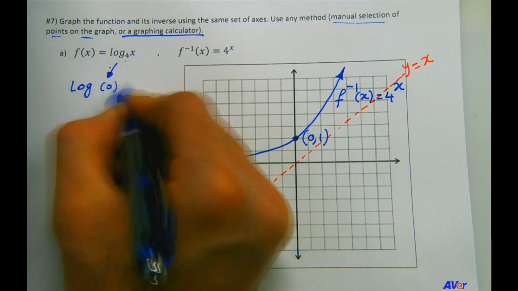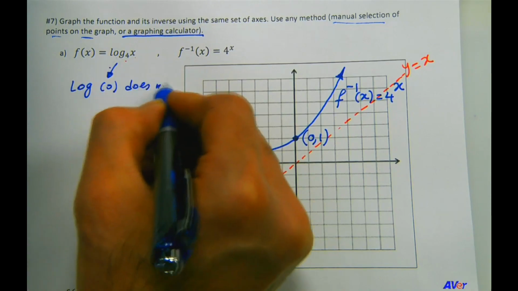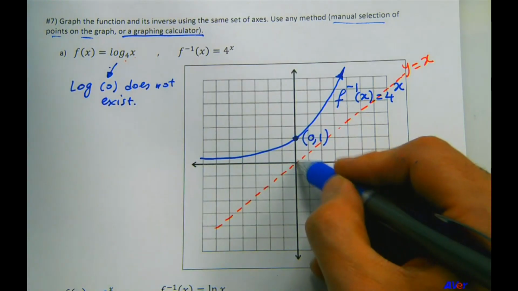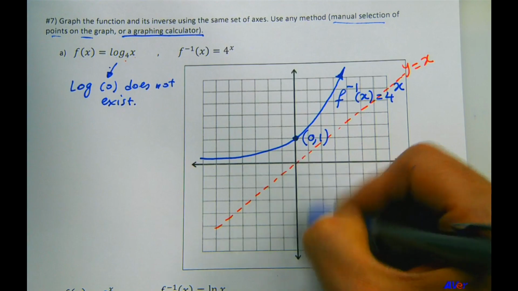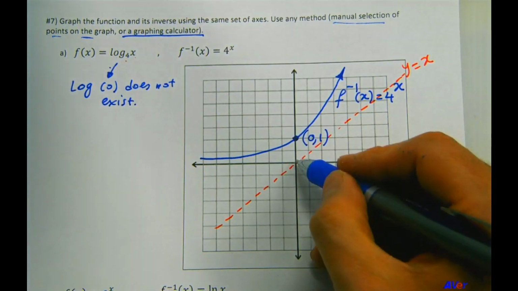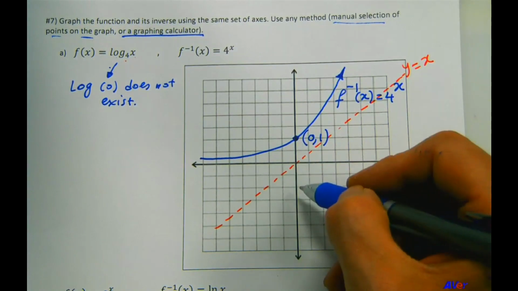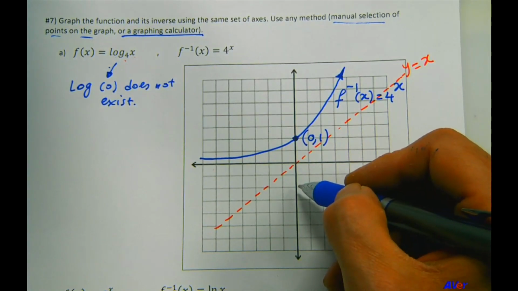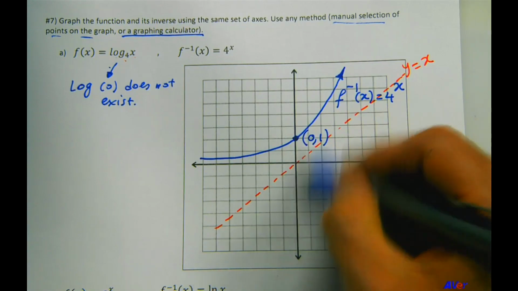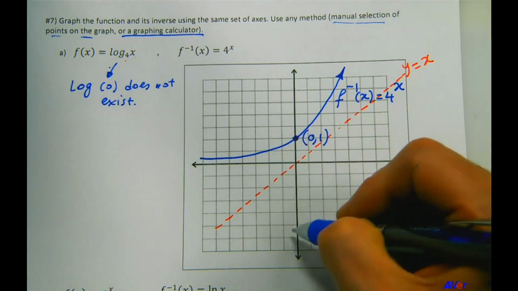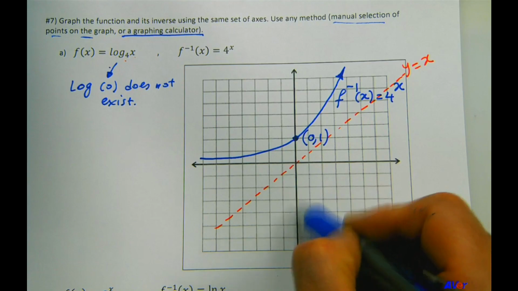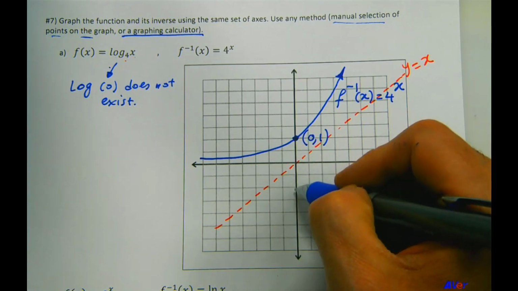Let me write that here. Log 0 does not exist. That means at x equals 0, which is the y-axis, the y-axis has equation x equals 0, right? On the y-axis, the x values are 0 for any point on this line. So because the log cannot exist on this line, that means we cannot intersect this line.